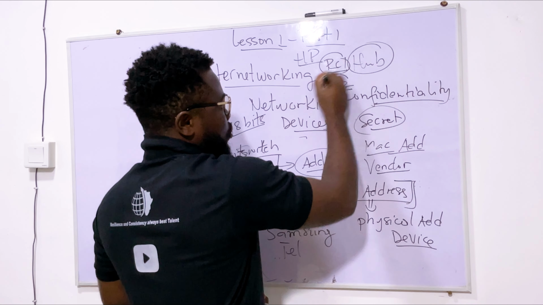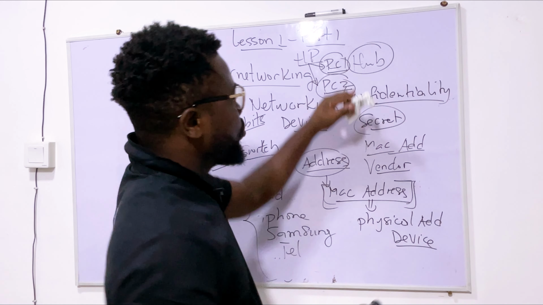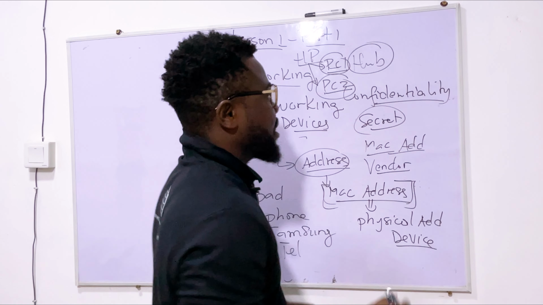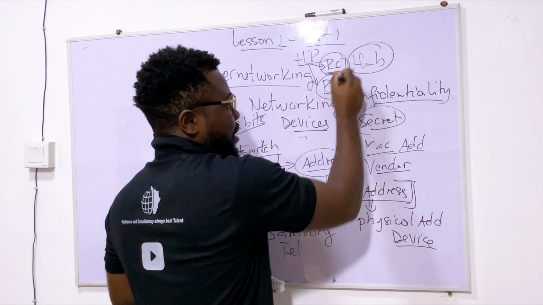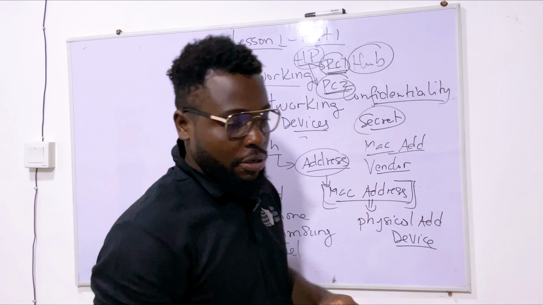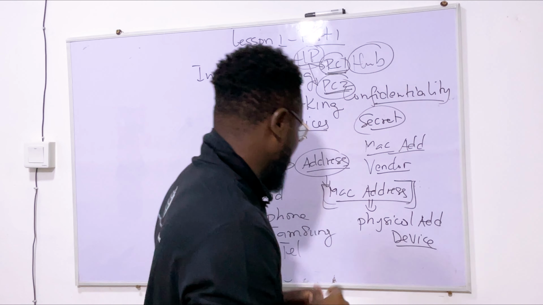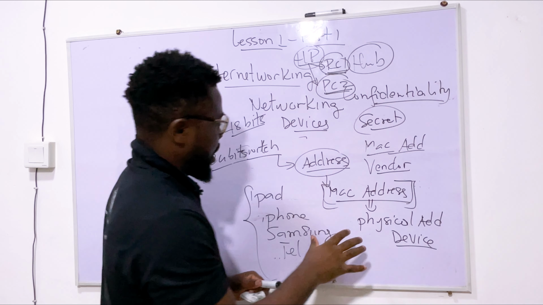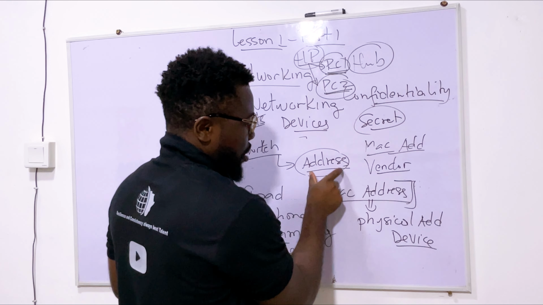These two laptops are HP laptops. When you check their MAC addresses, you realize that the first 24 bits are identical. The reason is that they are all coming from the same vendor. Very important to know.